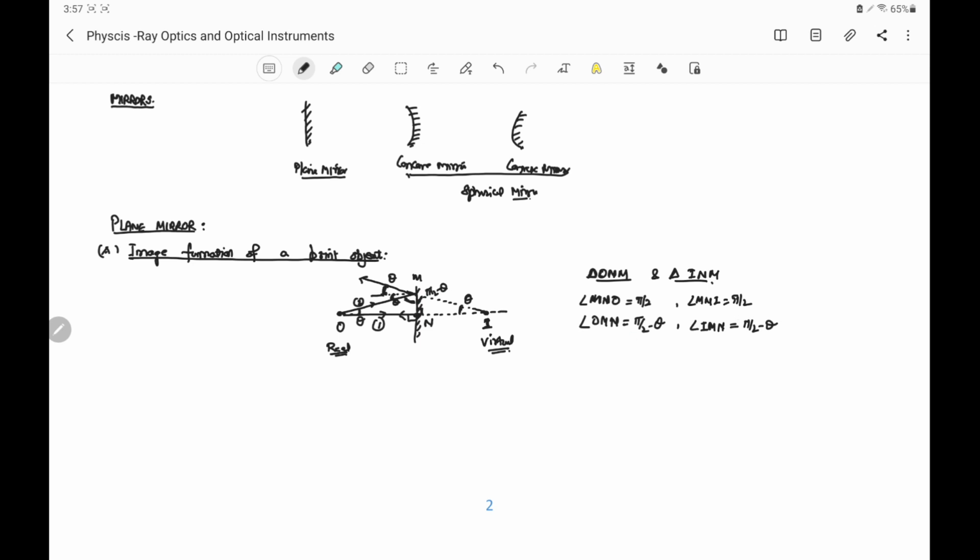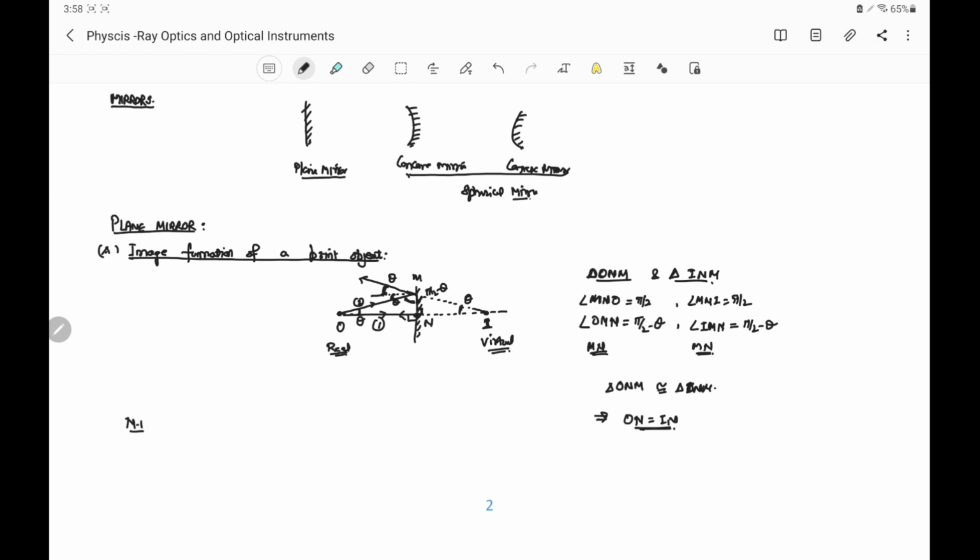Therefore, these two angles are equal and their included side, which is MN, is common in both cases. Therefore, we can say triangle OMN is congruent to triangle IMN. Hence, ON is equal to IN. That is, the distance of the object from the mirror is the same as the distance of the image from the mirror.